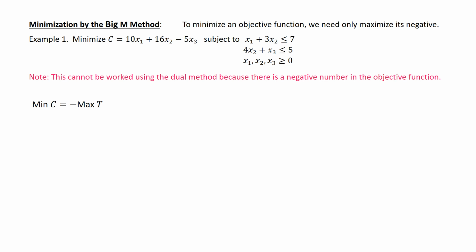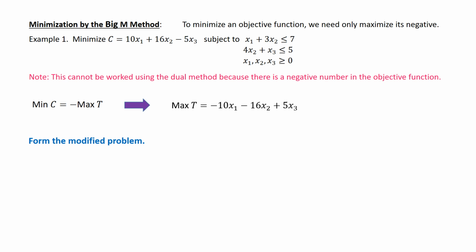Since c is 10x1 plus 16x2 minus 5x3, that gives us t equals negative 10x1 minus 16x2 plus 5x3. So we've just changed all the signs to create a new objective function called t, and we're going to find the max of t.